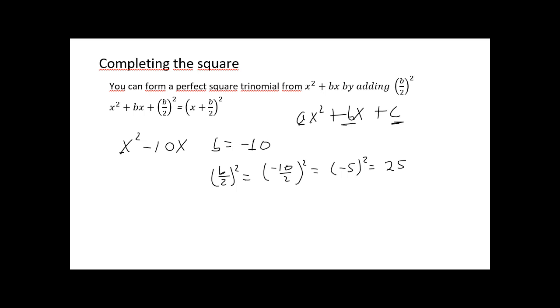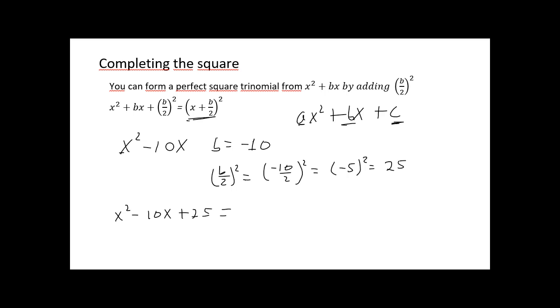Now we're going to rewrite our expression this way: x squared minus 10x plus 25. And this will be equal to what?